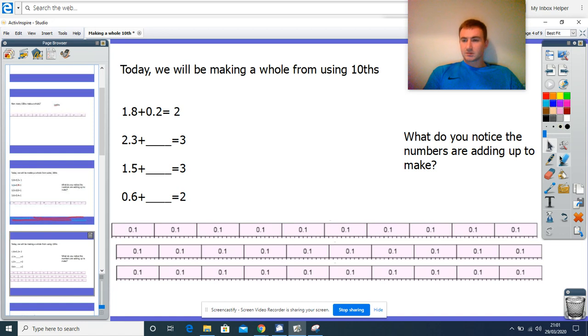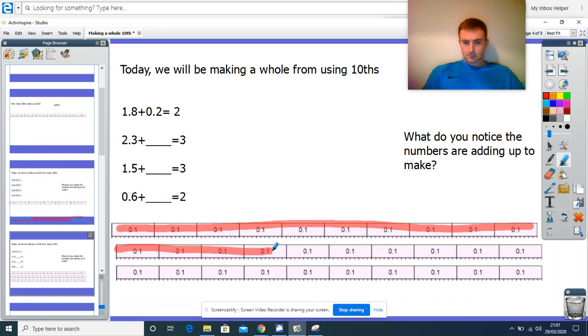So 2 wholes, and then I've got 2, 2.1, 2.2, 2.3.